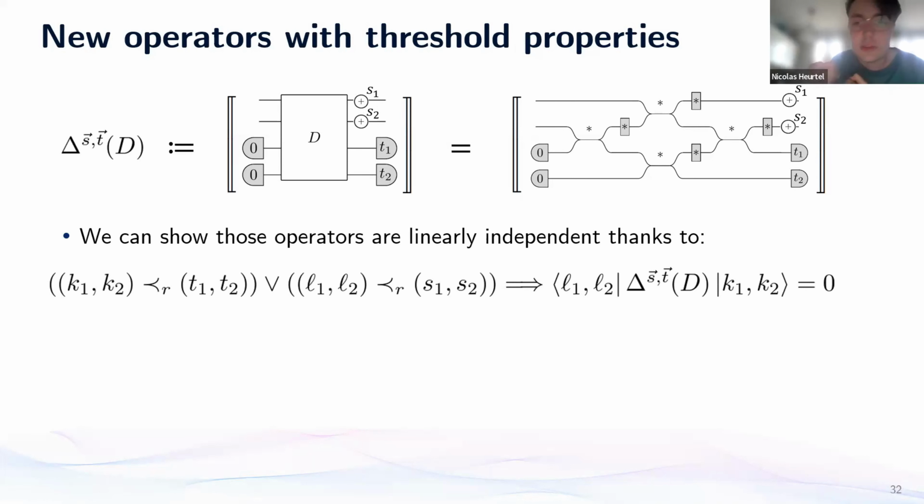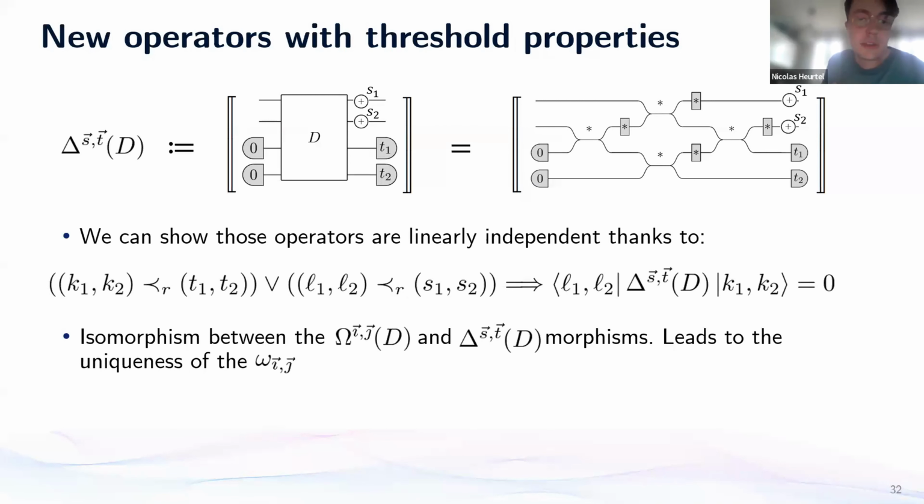So if you don't want to detect enough photons on the output, then it will be 0. Same for the input. If you want to inject just 1 photon, for instance, as you need to detect T1 and T2 photons here, then it also will be 0 if T1 and T2 are greater than 1 here. So it is a nice property of the delta.